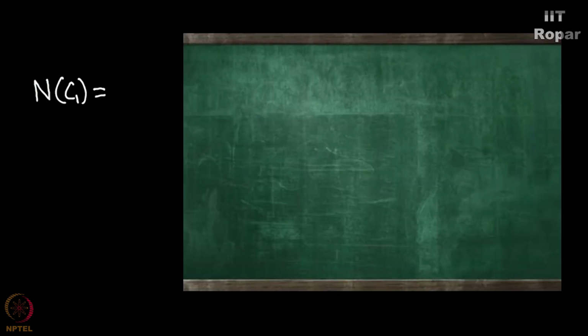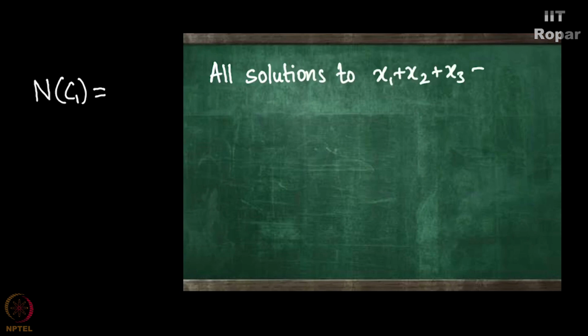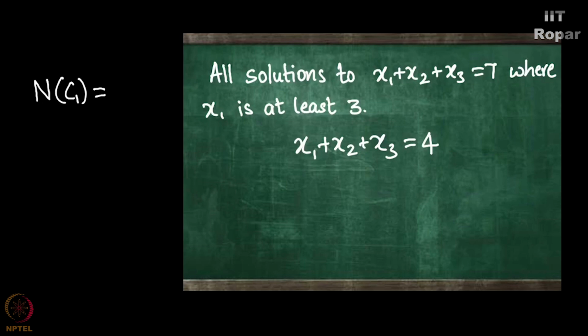How do I calculate that? I have to find out all those solutions where x1 is at least 3. Now, it is precisely finding out the solution for the equation x1 + x2 + x3 = 4. How did I come to know this equation?